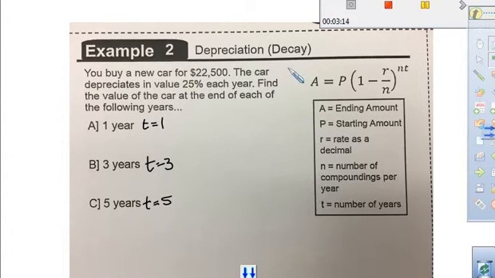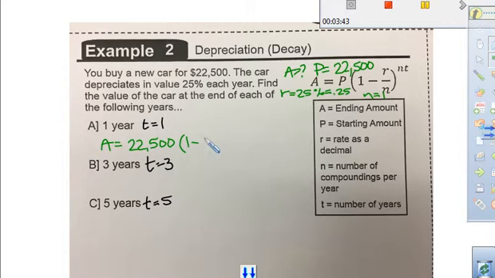So we're still looking for the A. Our principal amount is the 22,500. The rate is the 25%, which is equal to 0.25, and our N is going to be 1 again. So on this one, we have A is equal to the 22,500 times 1 minus the 0.25 divided by 1. 0.25 divided by 1 is still 0.25, and then 1 minus 0.25 is 0.75, so this is how the decay comes in.